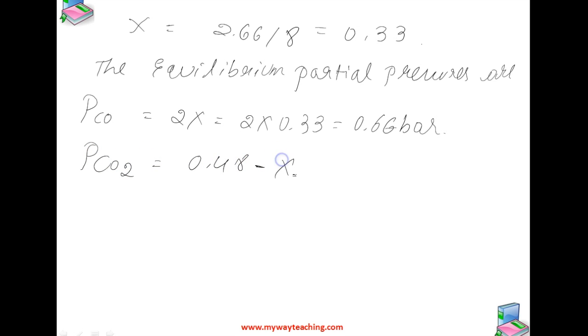And PCO2 is 0.48 minus x, equal to 0.48 minus 0.33, equal to 0.15 bar.